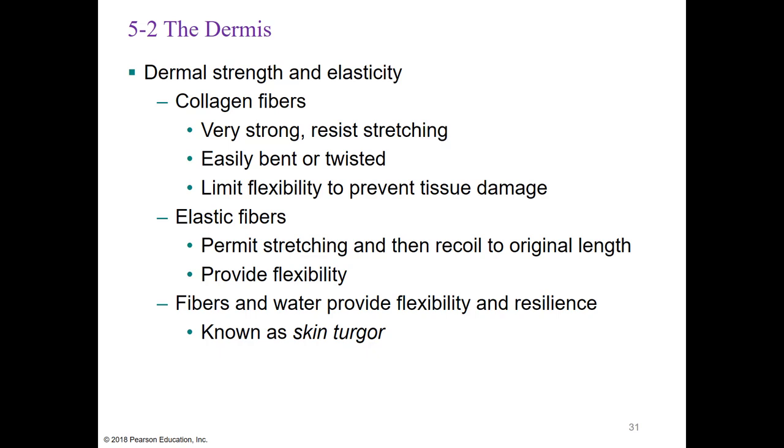We can stretch too far and actually damage the collagen, but we have quite a bit of bounce because of that collagen. Elastic fibers allow us to stretch and recoil to the original length, so that gives us a lot of bounce back and flexibility. The fibers and water in our skin provide flexibility and resilience. We call that skin turgor.